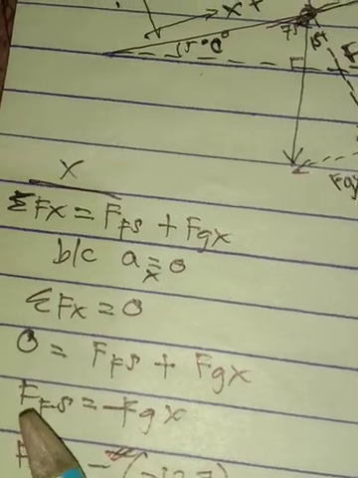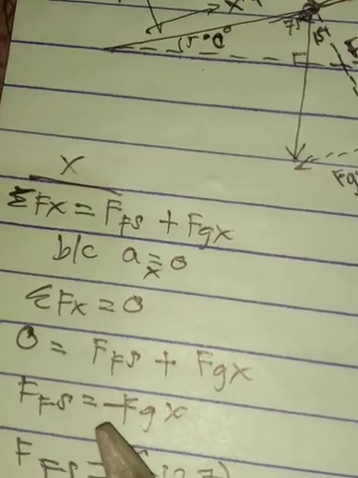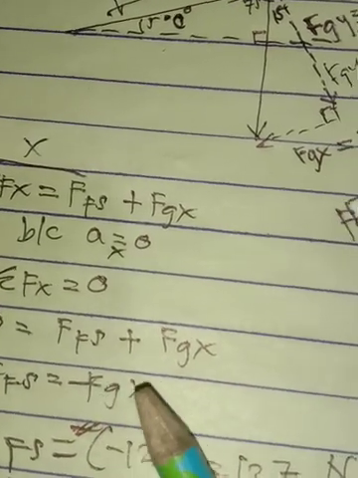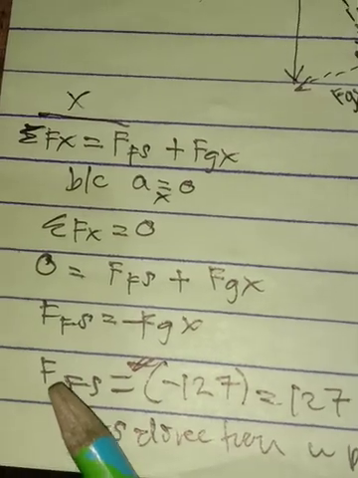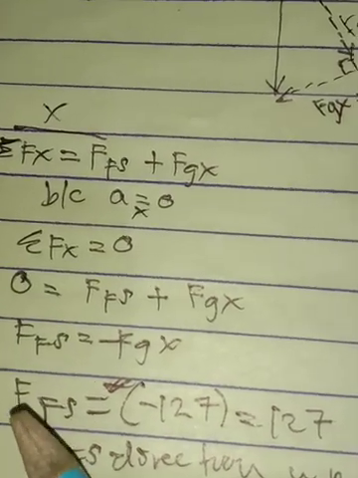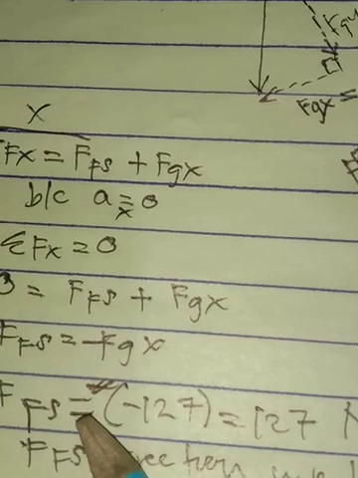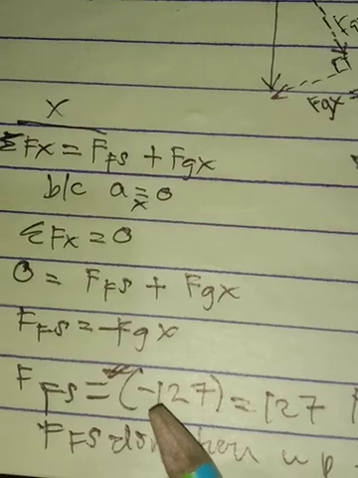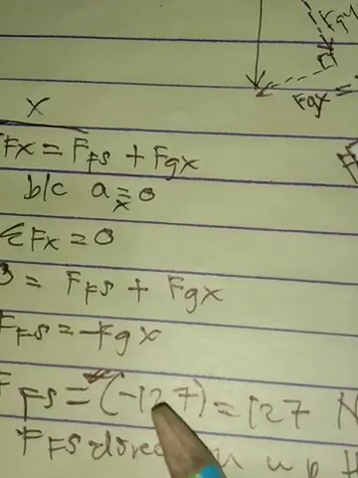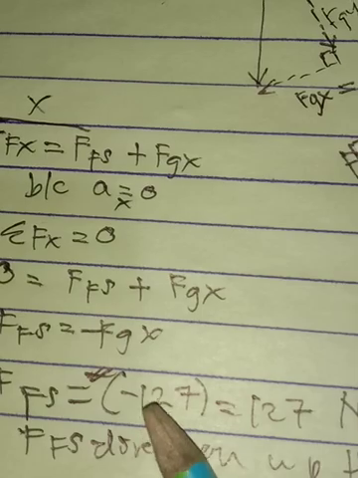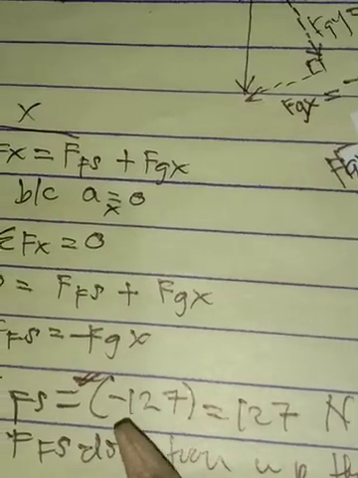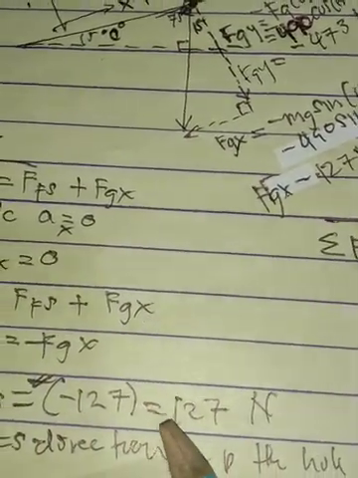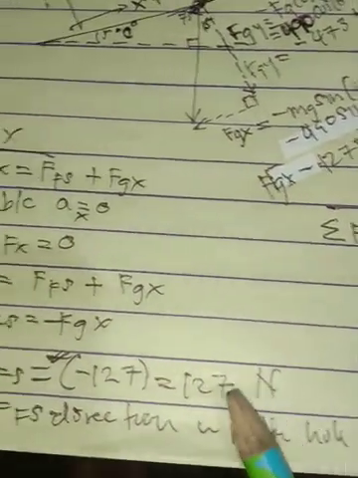Then force friction equals negative force gravity x. Writing the value of force gravity x, negative 127 Newton, force friction equals 127 Newton.